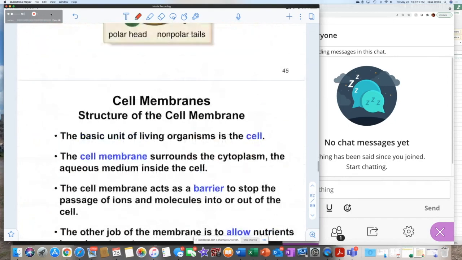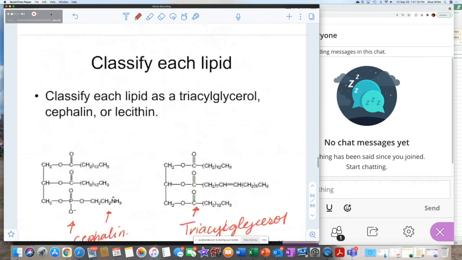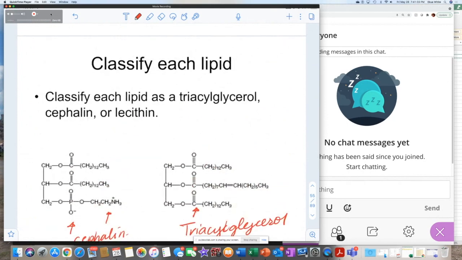Okay. Doing good. Now we're moving back to the story. So we kind of detoured a little bit back to the story of the phospholipid in the body. The two fatty acid side chains form two nonpolar tails. So after doing all this, they're telling you that these side chains here, remember these are fatty acid, and this is the phosphate group.